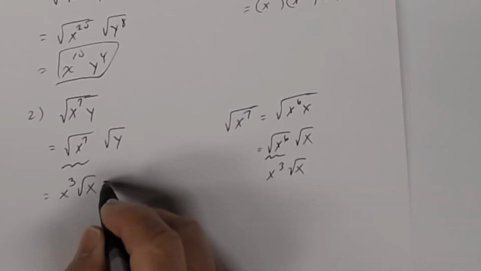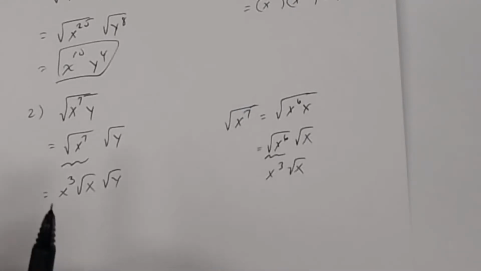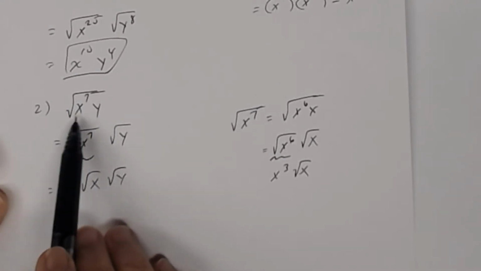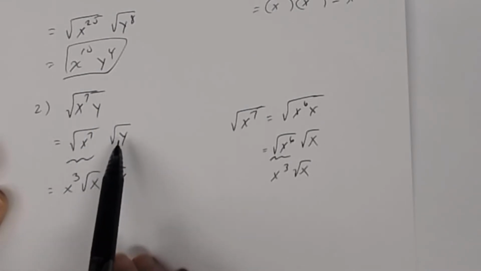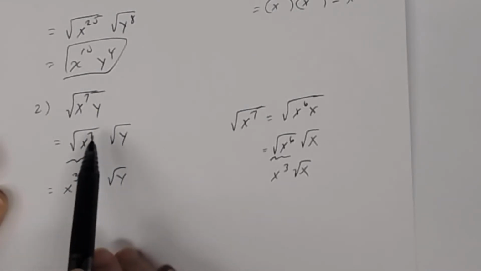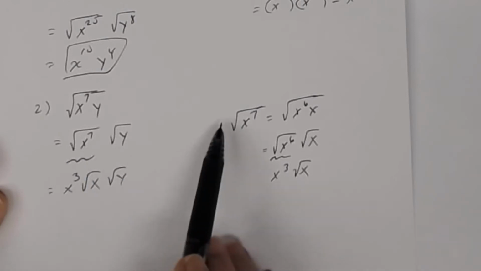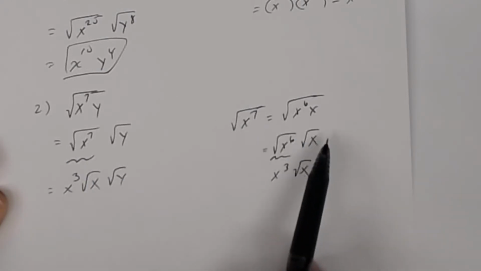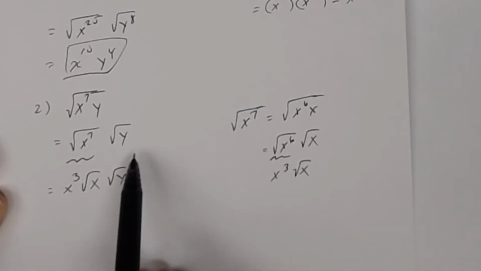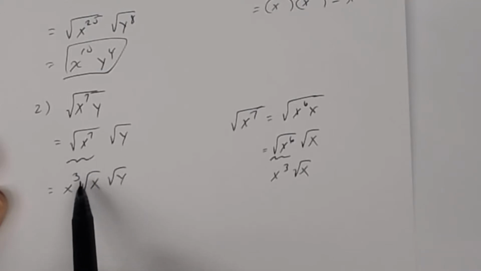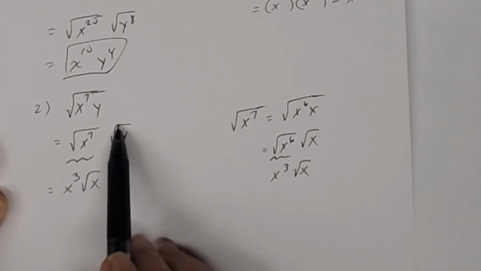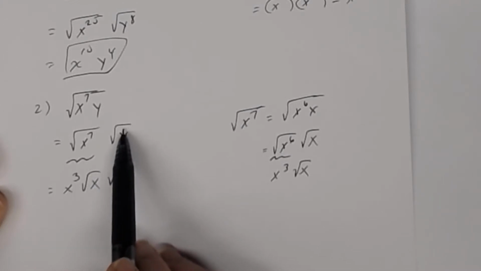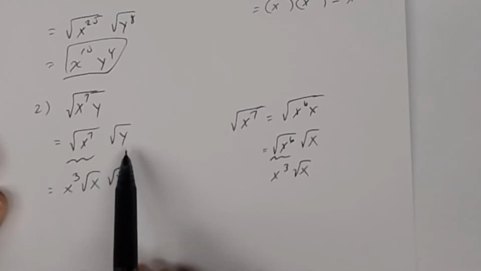So I'm going to rewrite it down: square root of y. So far, this variable expression is equal to this. Then I took this part here and simplified it as much as I can. The square root of x to the 7th is x cubed square root of x. I cannot do anything else to this because the exponent is less than the index, so I bring it down.